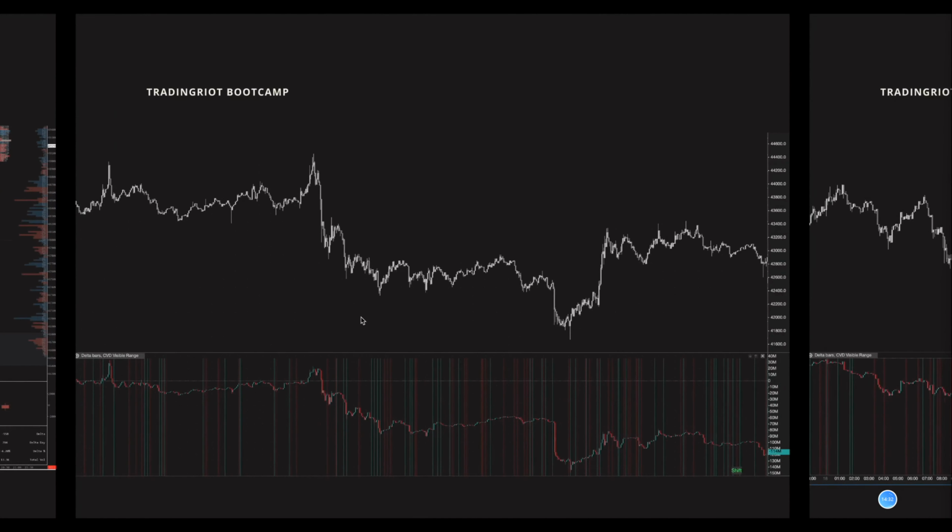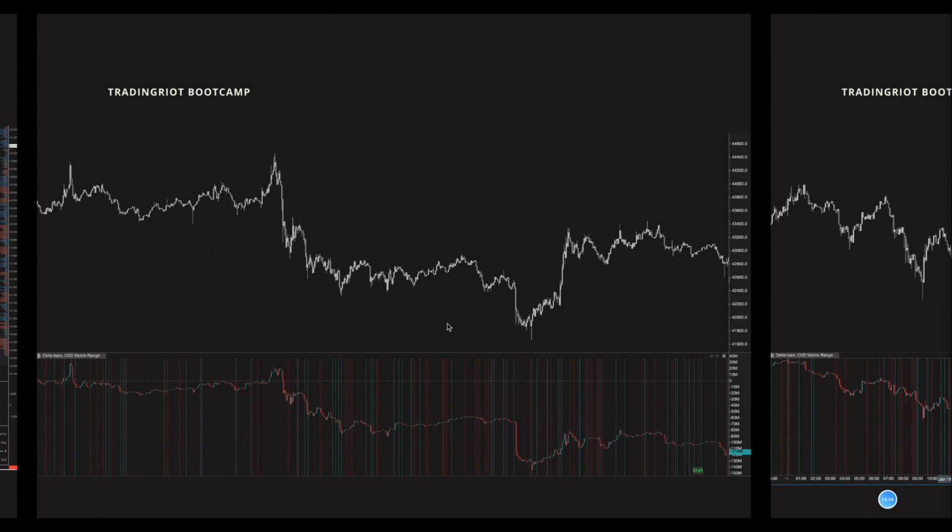Some of the intraday examples. This is an intraday chart for BTC. I didn't mark anything here, so let's take a look.